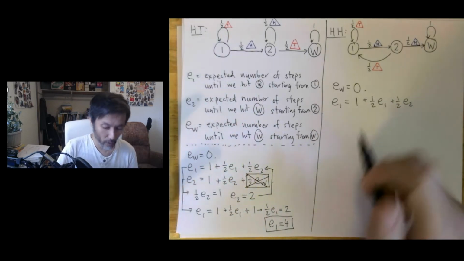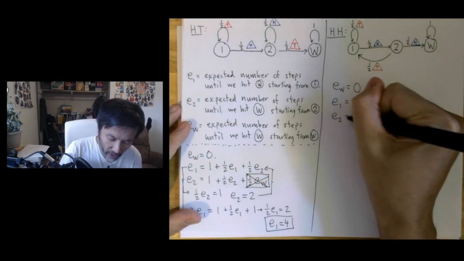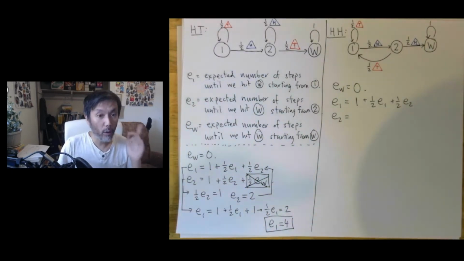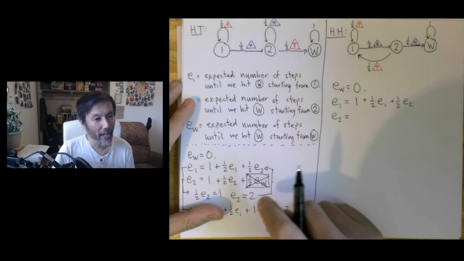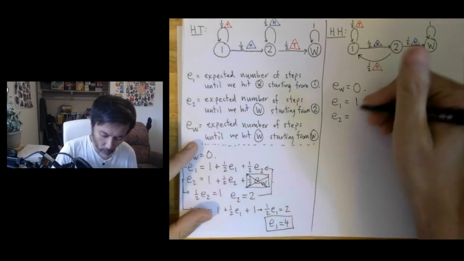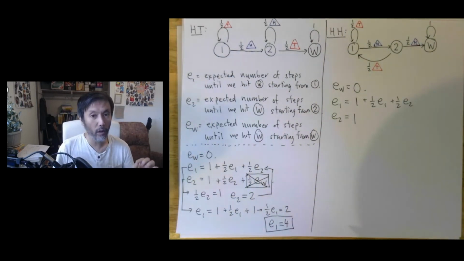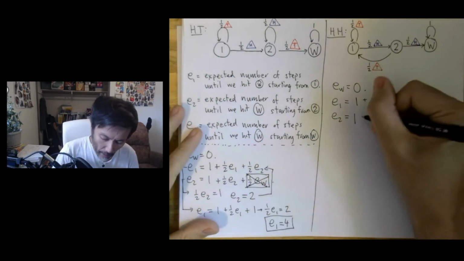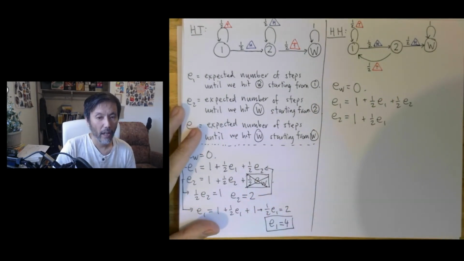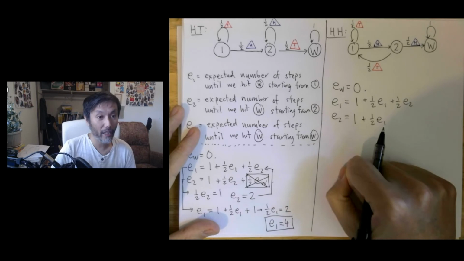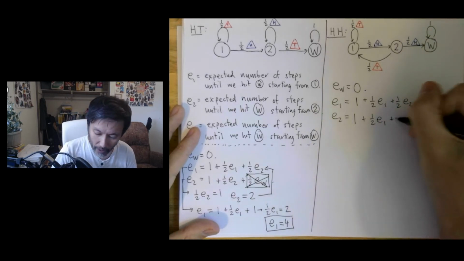What's going to be different, of course, is the equation for E2. And what will E2 be? Well, we're going to have the one step for leaving state 2, but half the time we end up back in E1, and the other half of the time we end up in state W, where we want to be.